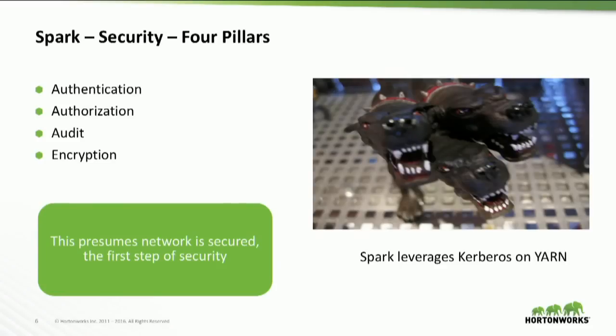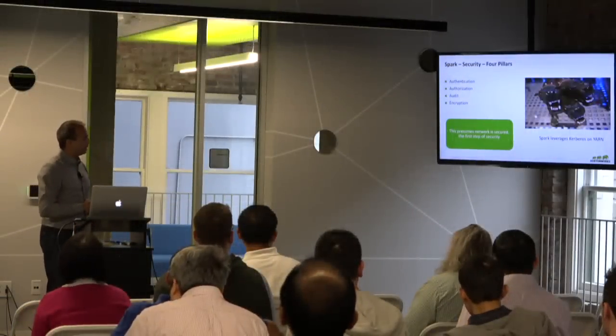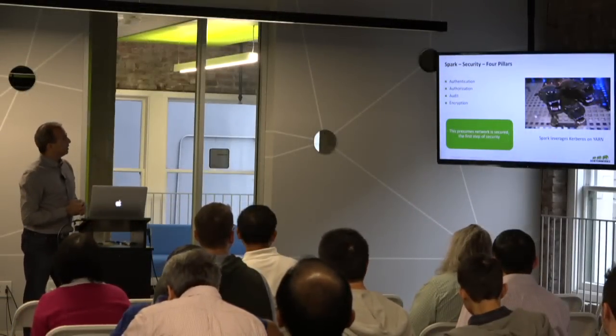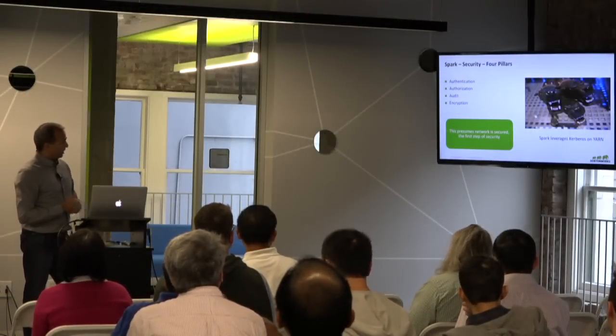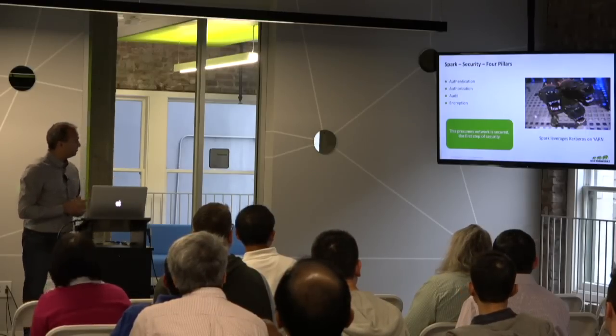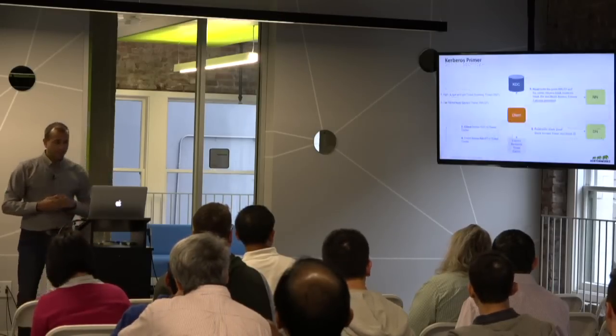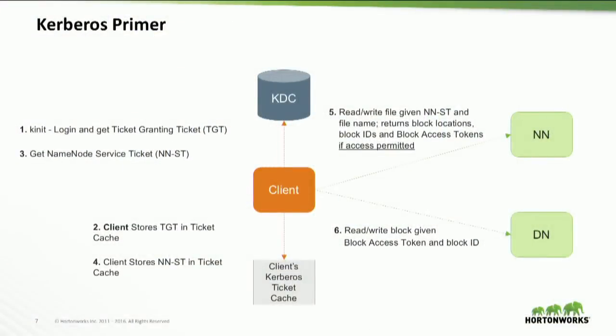Now, once you have that, Spark leverages Kerberos for authentication. That's my attempt at signifying Kerberos there by the three-headed dog that Kerberos stands for. So authentication is based on Kerberos. Let's take a detour and look at what Kerberos means for Spark, and in general.